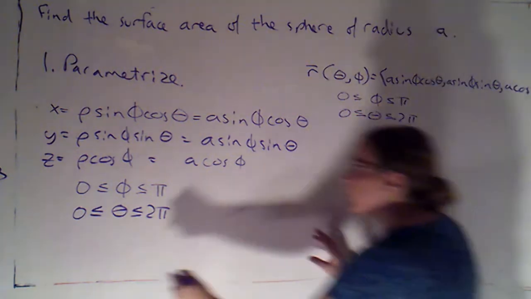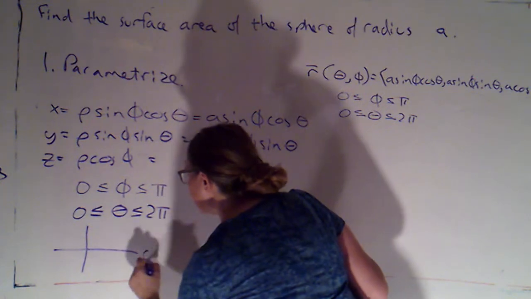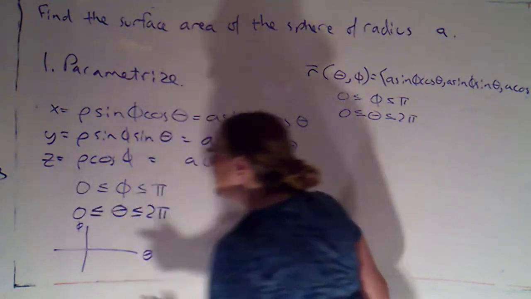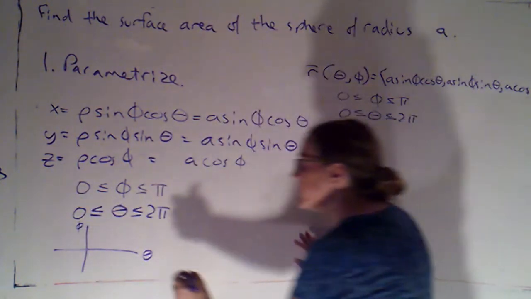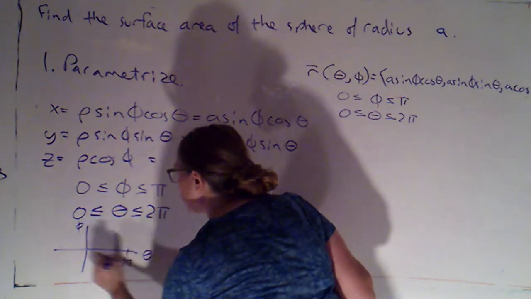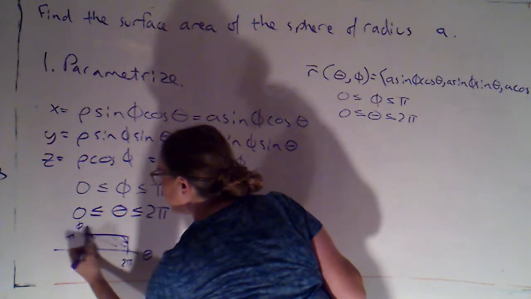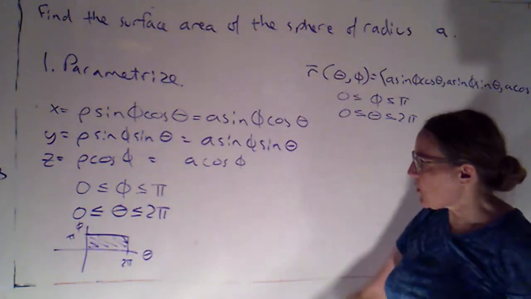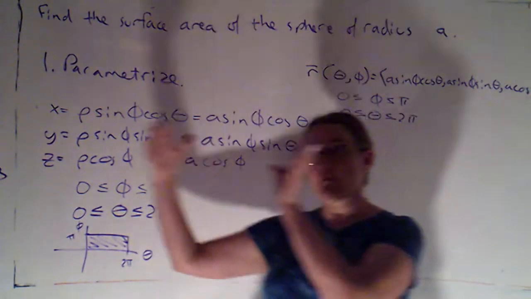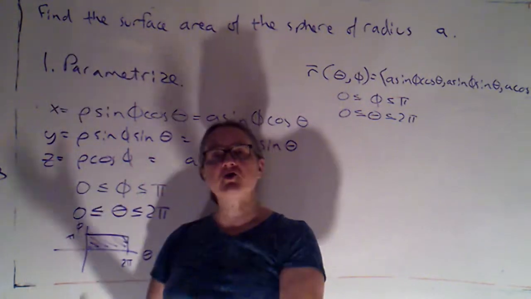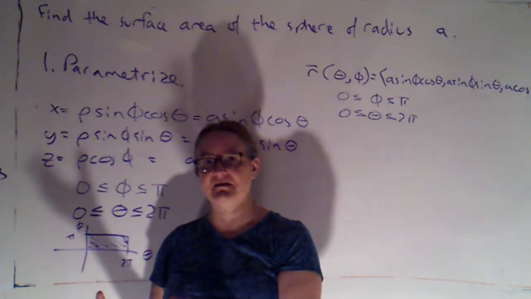Now what that means is that in the theta phi plane, the region over which we're integrating will be this rectangle. So theta and phi in my parameter plane are just rectangular coordinates.